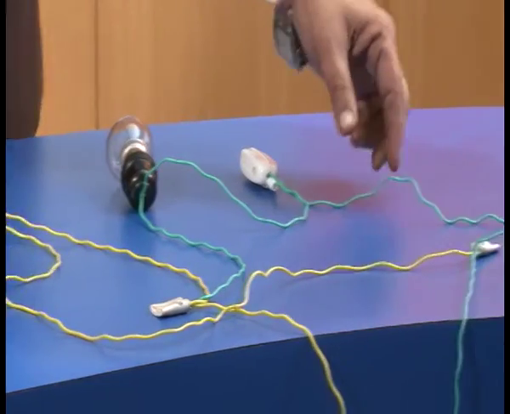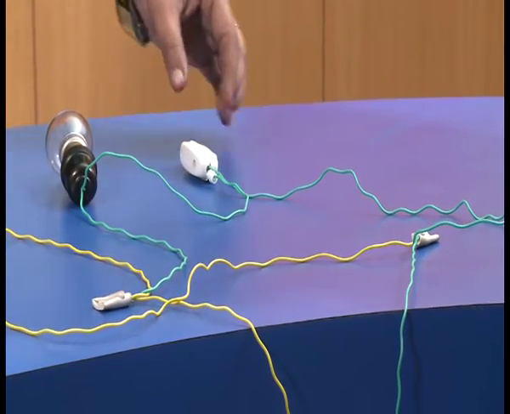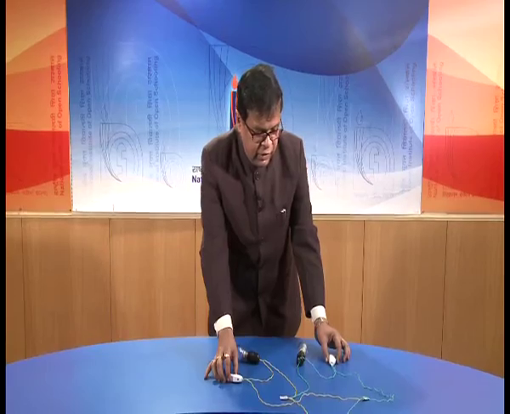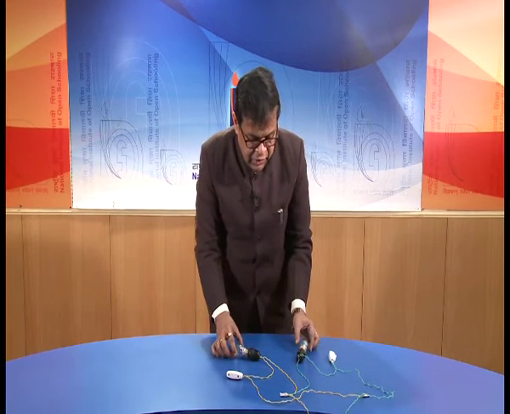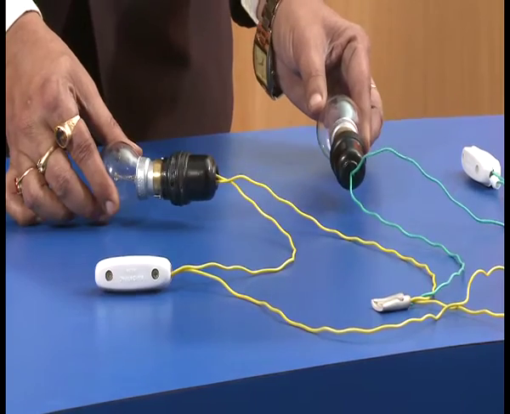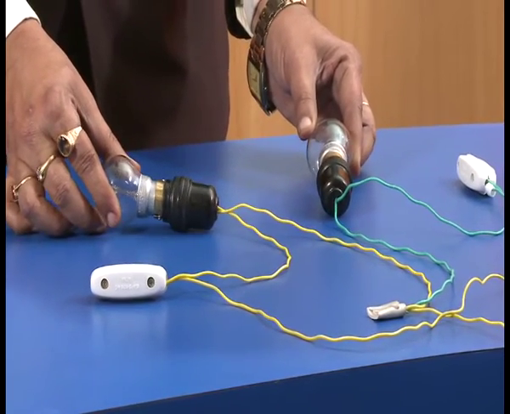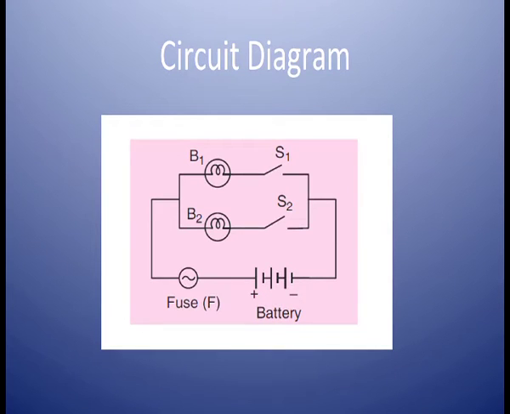From the phase part, we have connected the 2 switches, and from the neutral part, we have connected the other end of the 2 bulbs. So, this is connected in parallel, and had it been connected in series, then it would have been neutral, phase, but this is neutral, phase, and that is what we have done in the parallel connection.